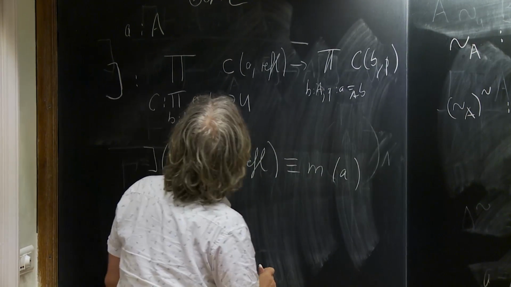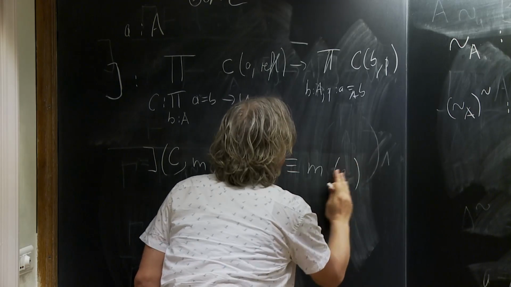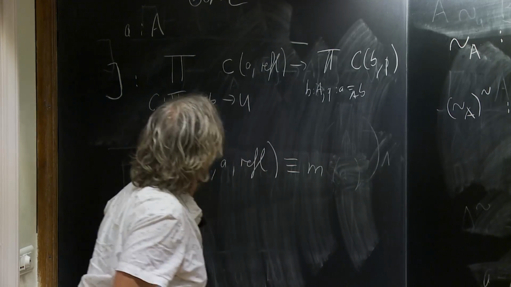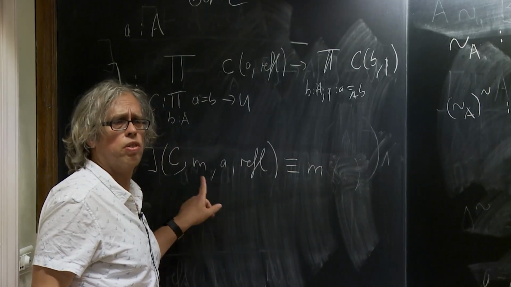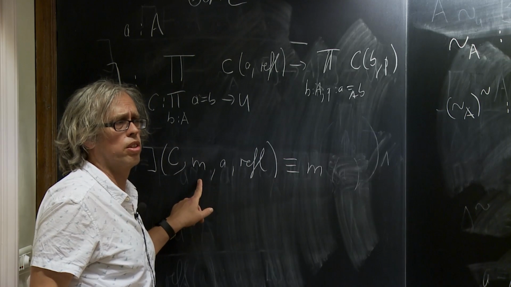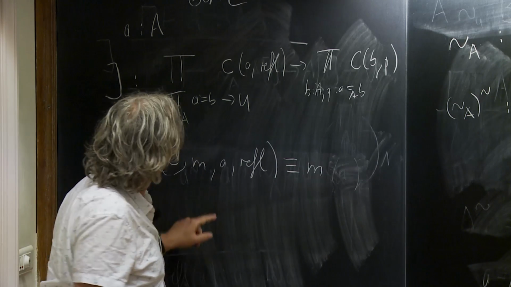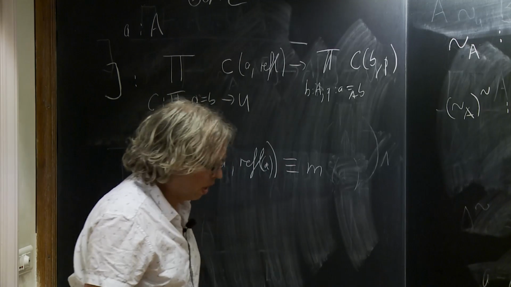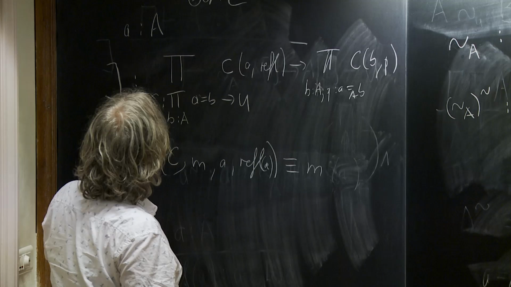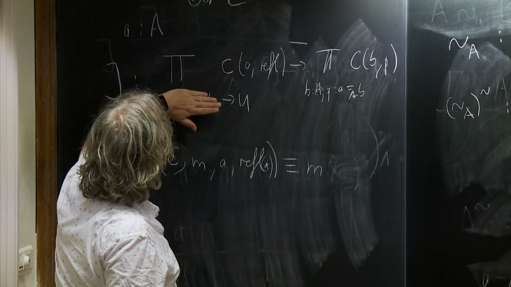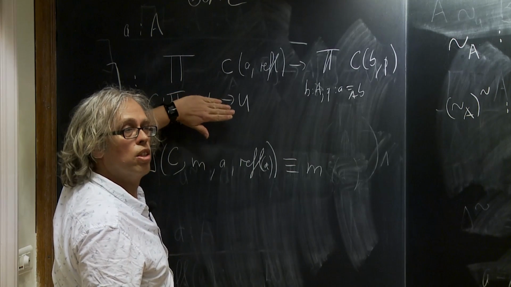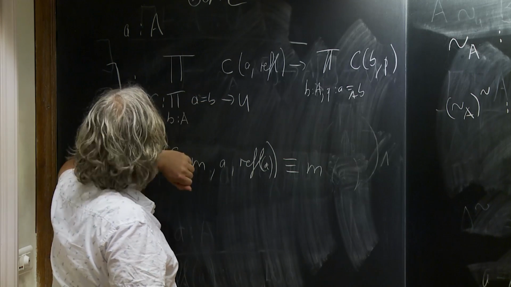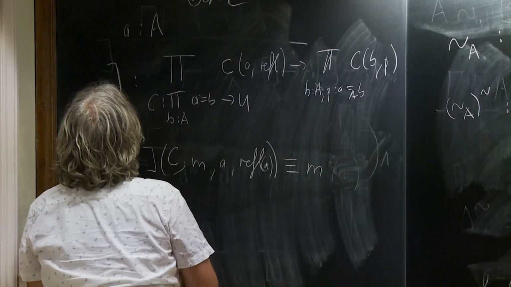No, m. Oh, it's just m, no a. So this is the definitional equality I want. And there is a non-dependent version, if the C doesn't depend on this proof, which is called transport.